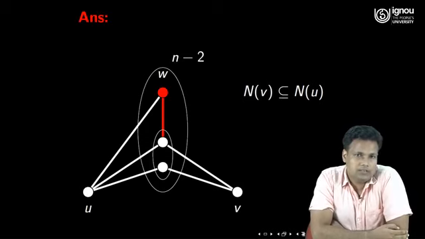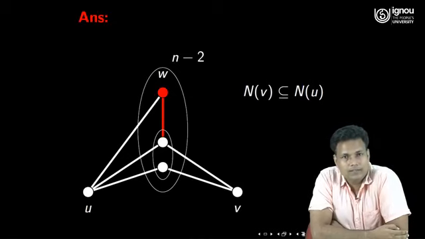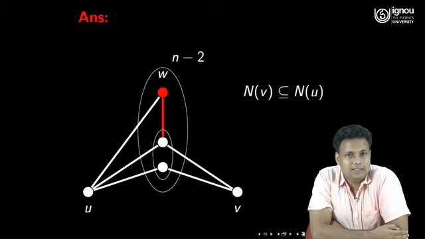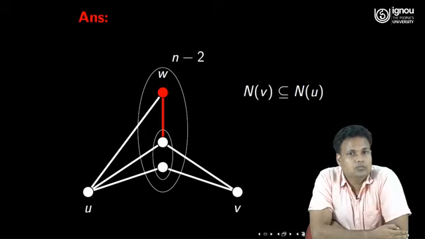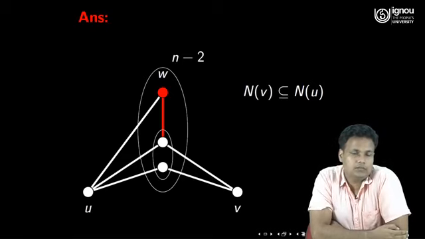Now we can see there are 3 kinds of edges shown in this figure: the edges due to the neighbors of u, the edges due to the neighbors of v, and the edges due to the neighbors of u which are not the neighbors of v.